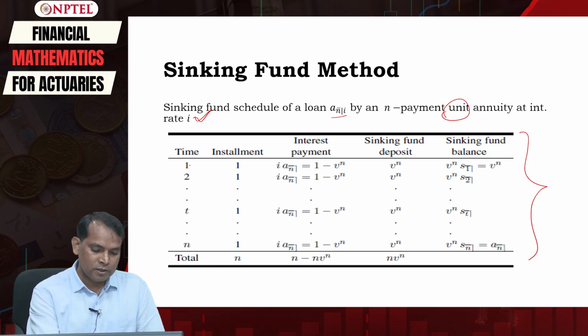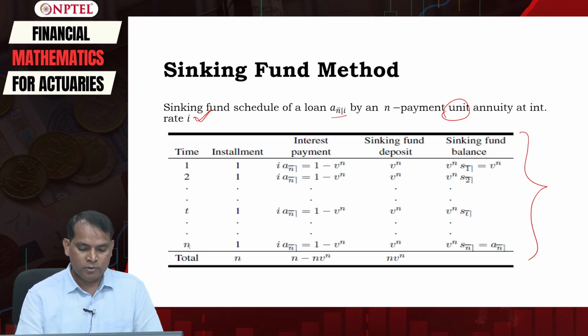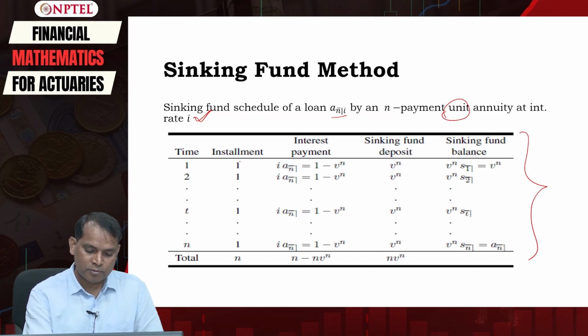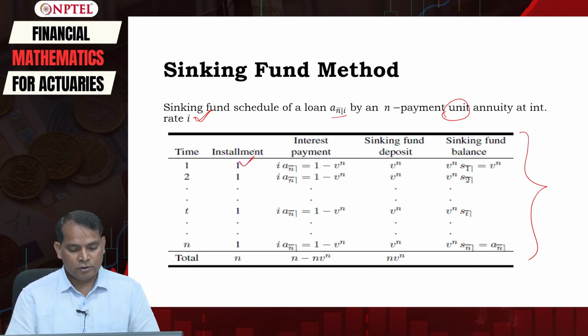So, we have here 1 to n periods of time. The installment amount is the unit annuity, and therefore you can think of the installment amount as 1 rupee or $1, whatever you like.